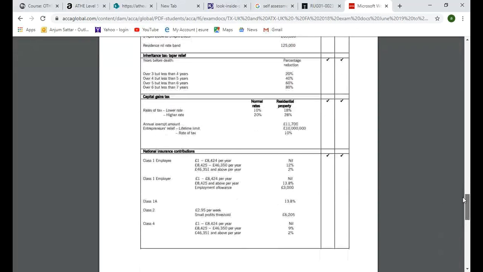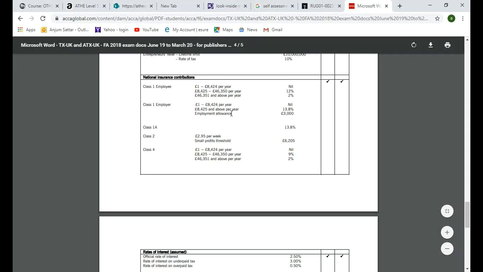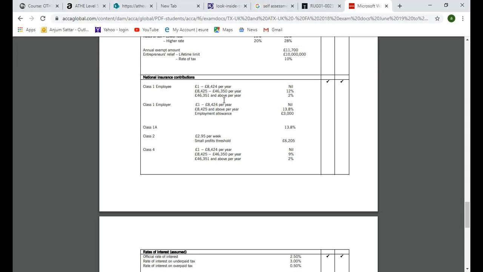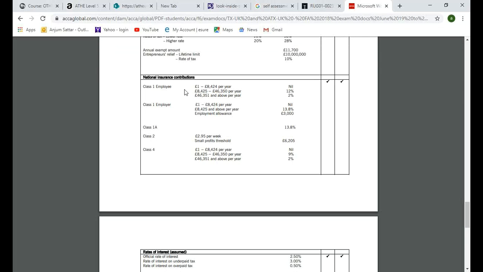Our key focus in our syllabus is National Insurance contribution, Class 1. Class 1 implies there can be different classes. Employees earning up to 8,424 don't have to pay NI contribution.